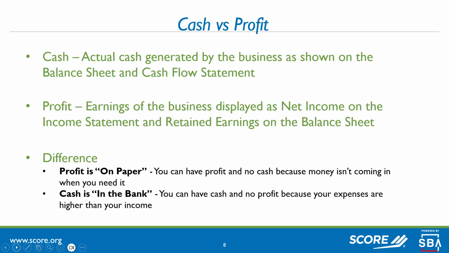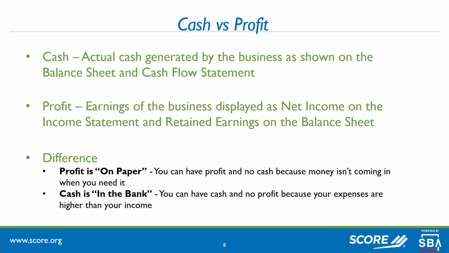So cash is the actual cash generated by the business and what's shown on your balance sheet at the end of the month or the end of the period, and your cash flow statement. Those are the actual cash flows in and out of the business. Profit is the earnings of the business, and this is typically displayed as net income on the income statement, or the retained earnings on the balance sheet.